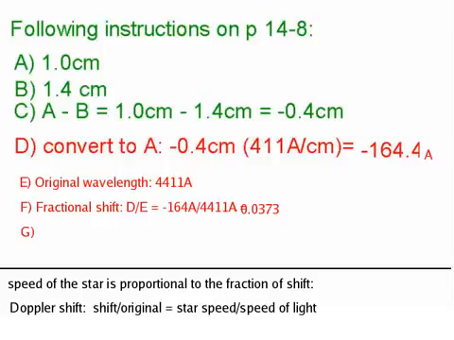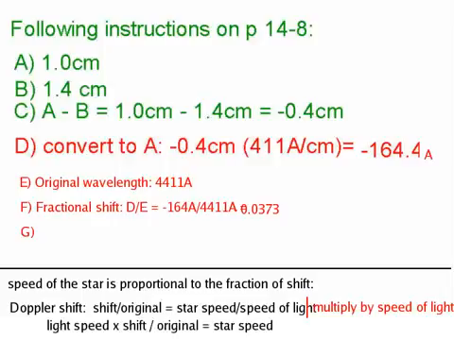So multiply by the speed of light, and then we get for the speed of the star: light speed times the shift, divided by the original wavelength, is equal to the star speed.